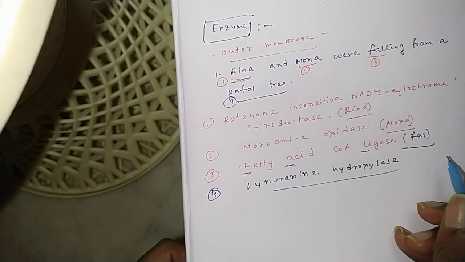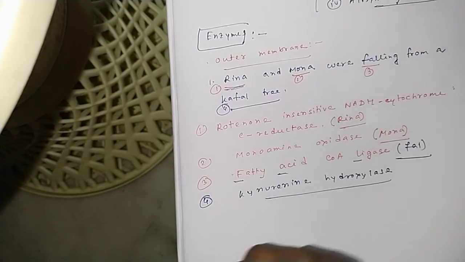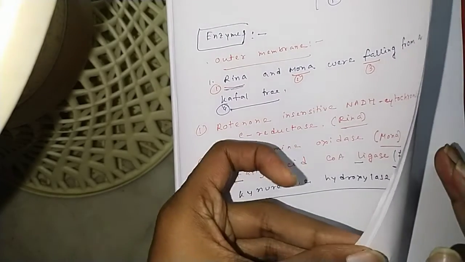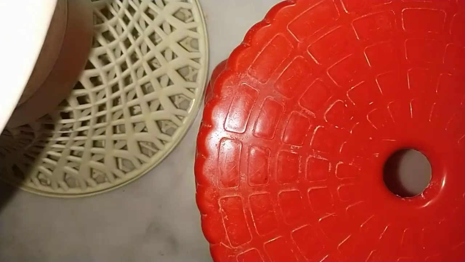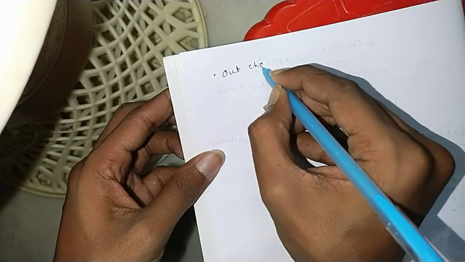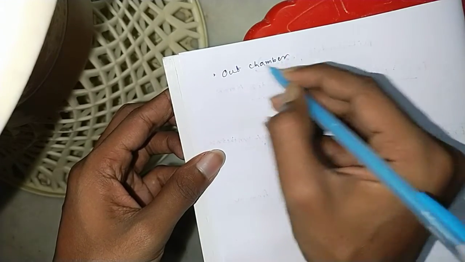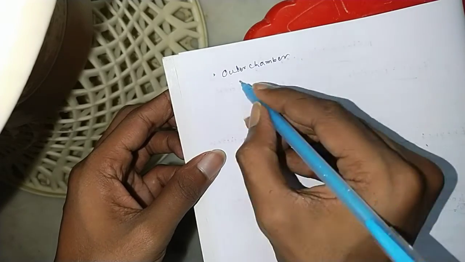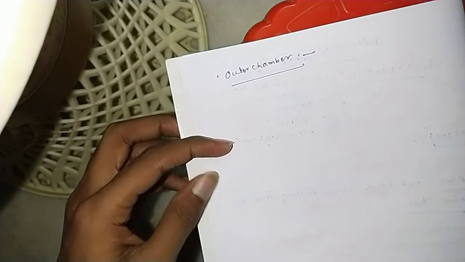Next we will be talking about the enzymes that are present in the outer chamber. So let us talk first about outer chamber enzymes. So what are they?